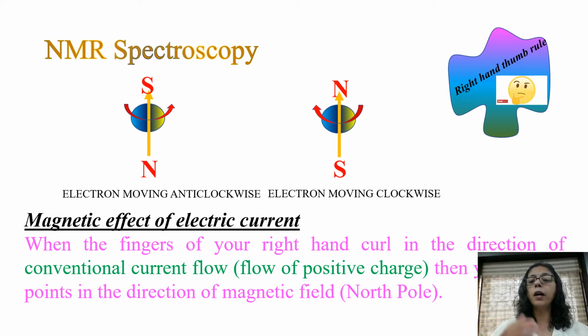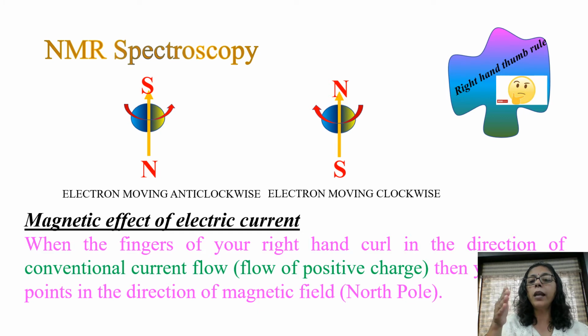If you curl the fingers of your right hand in the direction of conventional current flow, that is flow of positive charge, then your thumb would point in the direction of magnetic field, that is the North Pole.